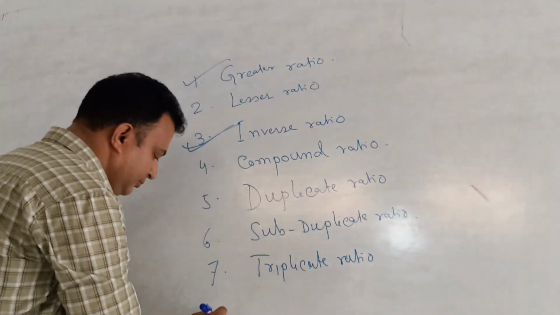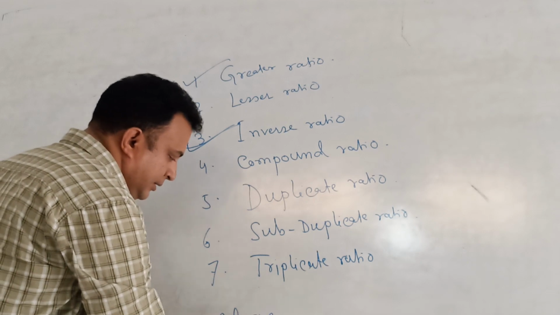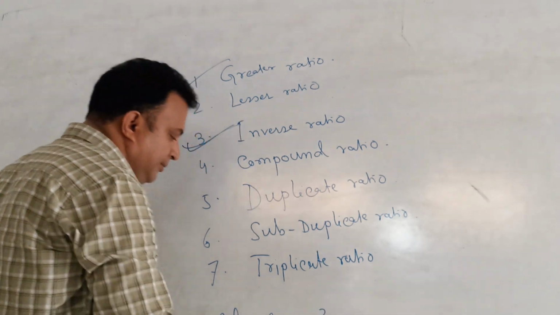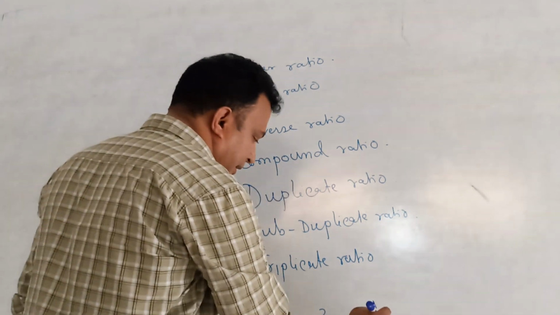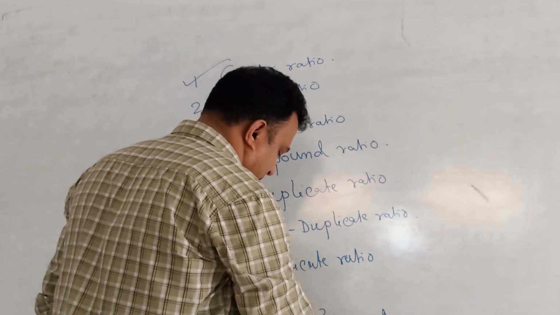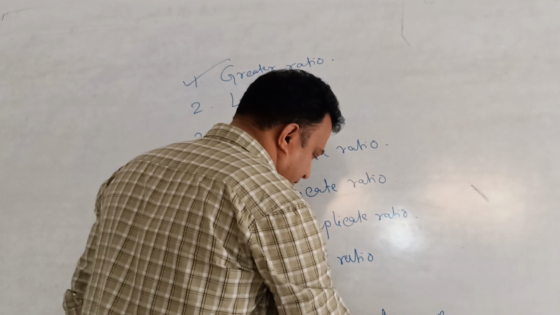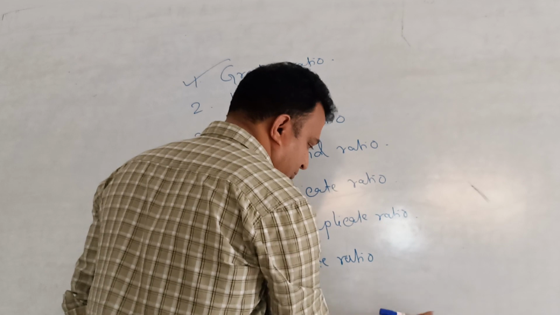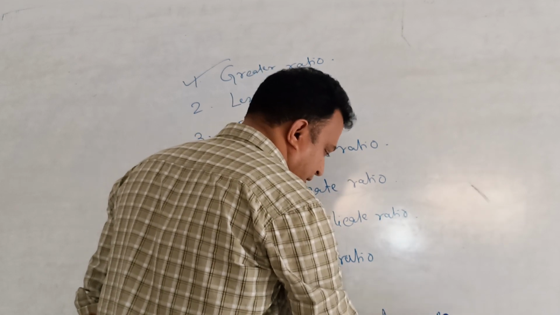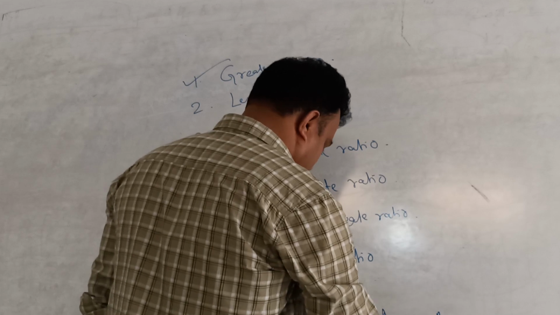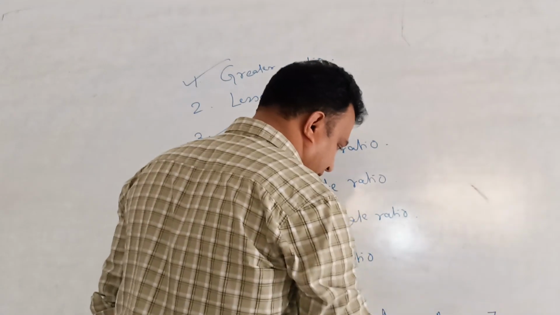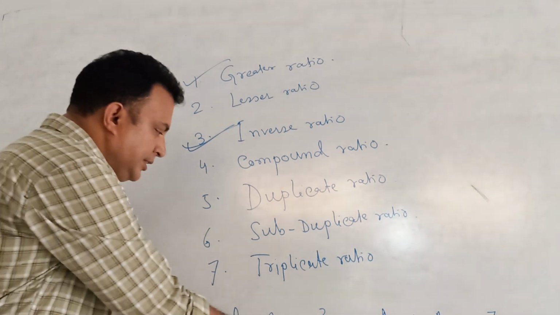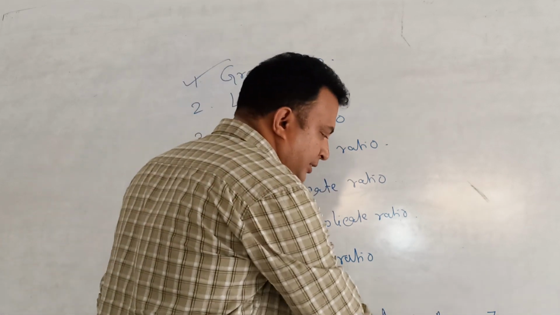If A by B is equal to 3 by 7, again B by A is equal to 7 by 3, then this ratio is called inverse of this.